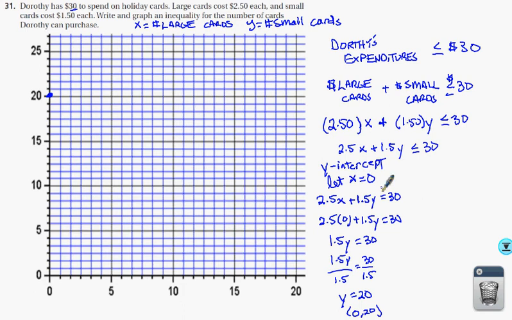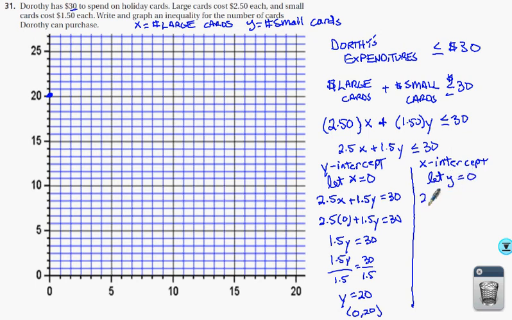Now doing the same process with the x-intercept, so that is a point along the x-axis, so I know my y-coordinate is going to be 0. So I'm going to let y equal 0.